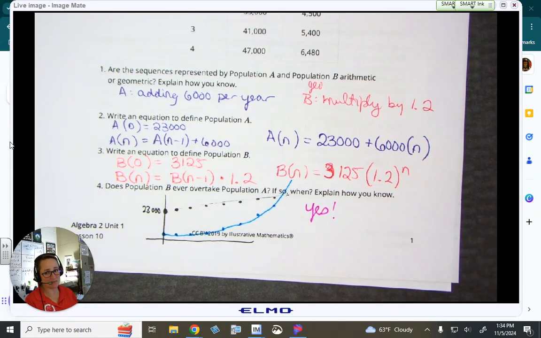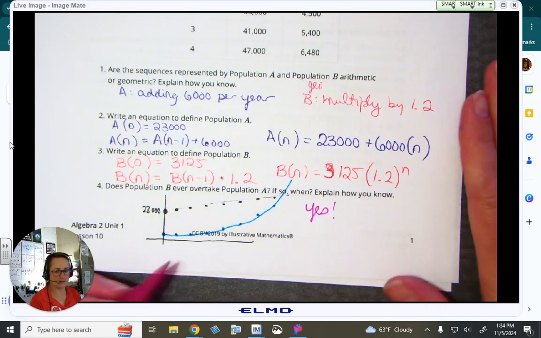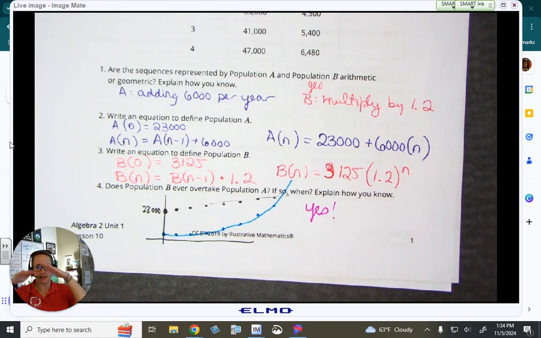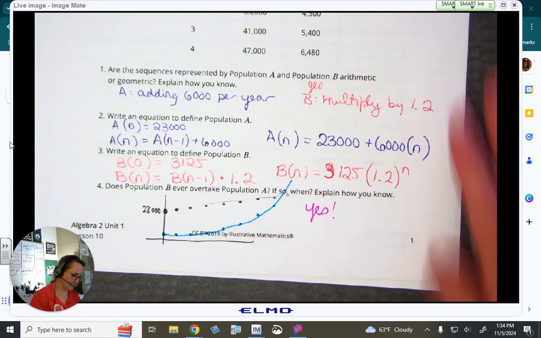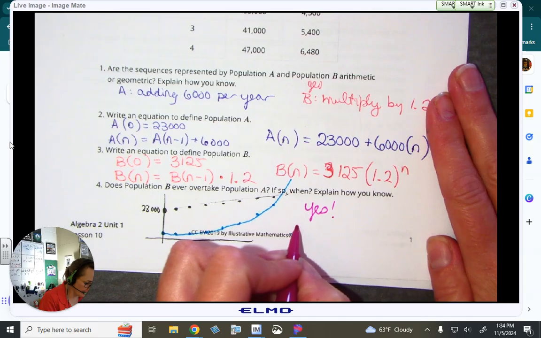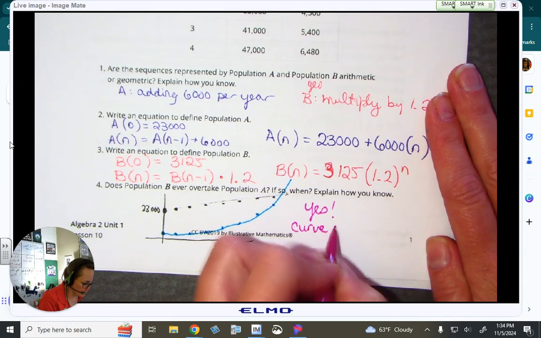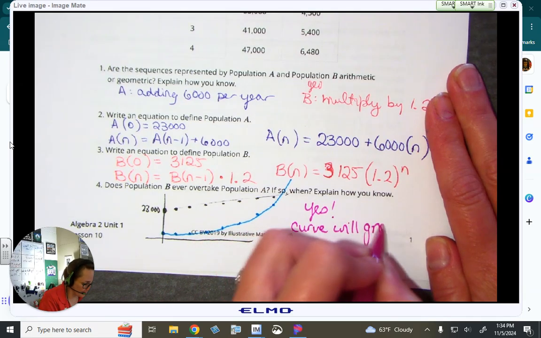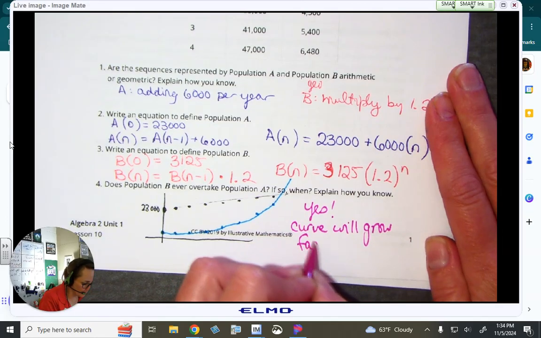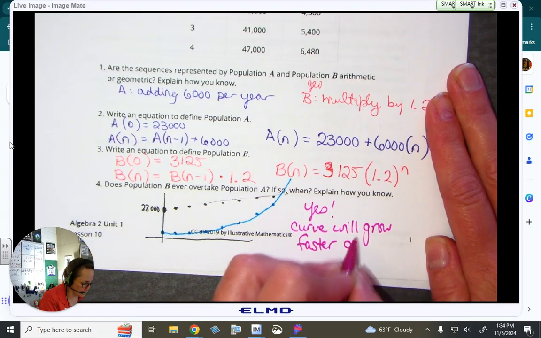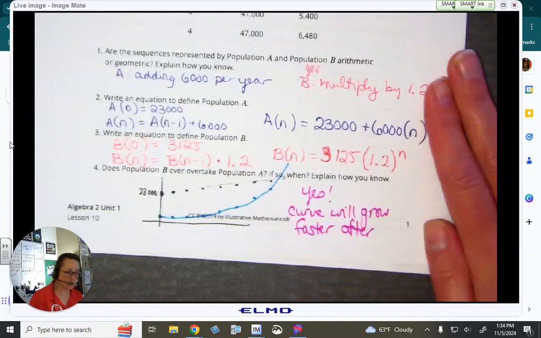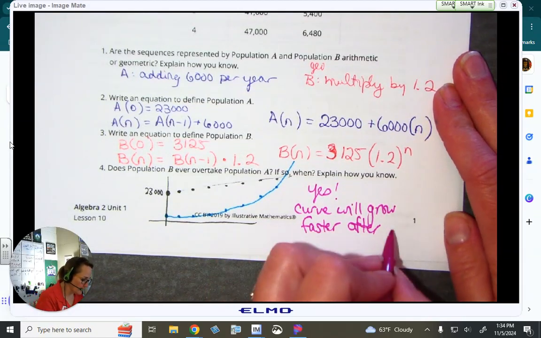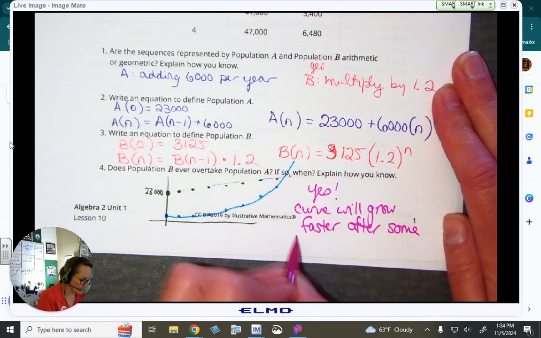Anything that is growing geometrically, anything that's growing at that swooping up swoop like that, is going to overtake something that's only growing in a straight line. So I'm going to say that the curve will grow faster after some number of years.